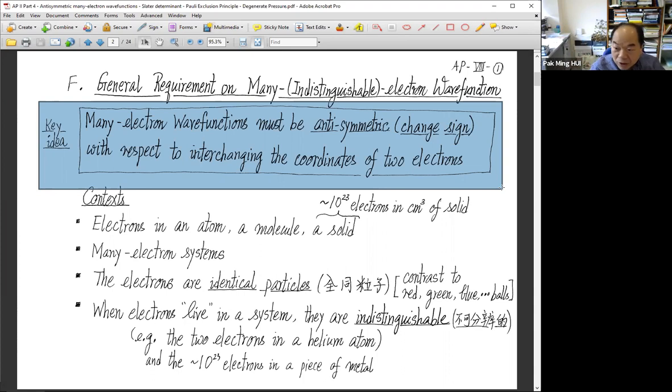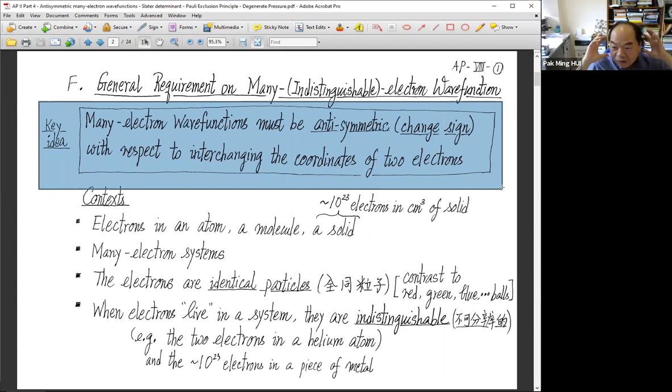So we have an electron at R1, an electron at R2, because in the wave function we have R1, R2, and R1 can take on a value here, R2 can take on a value there. Your wave function has a value, okay? f(x,y). So you give me an x and y, there's a value. I could replace the x value by the y value and the y value by the x value. That is what I meant by interchanging the 2 coordinates. And I require f(x,y) equals minus f(y,x). That is what this statement means, okay?